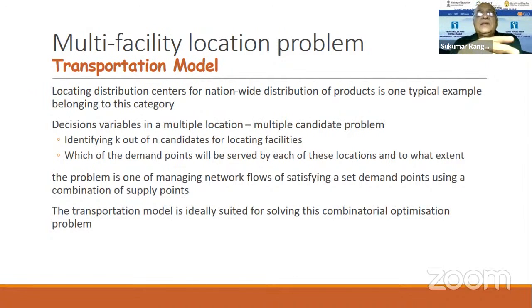And the transportation model is again a mathematical model. And as I told you, any of you who have done operations research kind of table will be able to work it out. And locating distribution centers for nationwide distribution of products is a typical example belonging to this category. Usually they use it for this because where all they should keep.